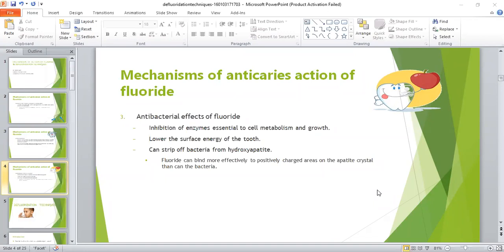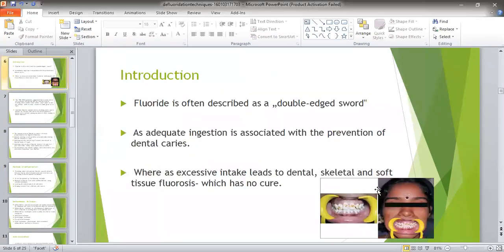Now comes the defluoridation techniques. Defluoridation basically means removal of excessive fluoride from the water, to bring it to the optimum level.